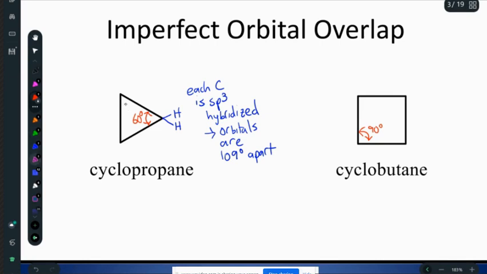Well, if I think about where my orbitals are 109 degrees apart. So if I go to one of these carbon atoms at a vertex, like right here, and I draw in my sp3 hybrid orbitals, my sp3 hybrid orbitals might point out in this direction, and then another one might point out in this direction.